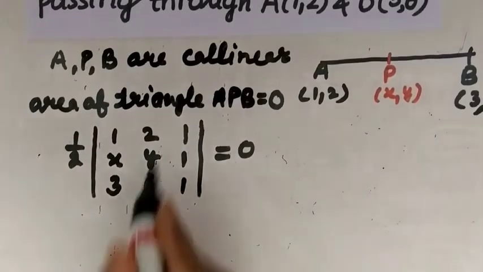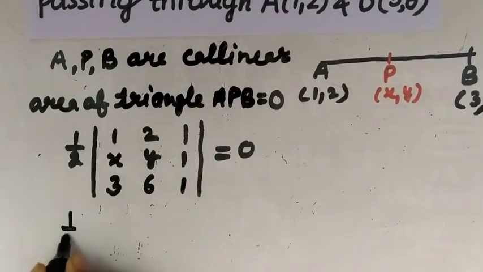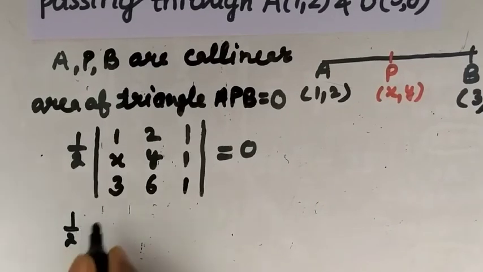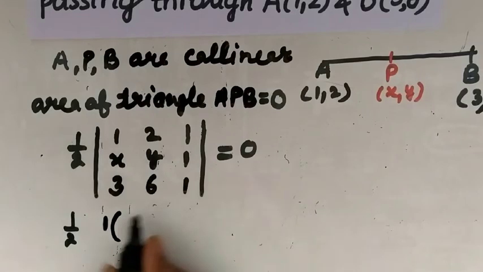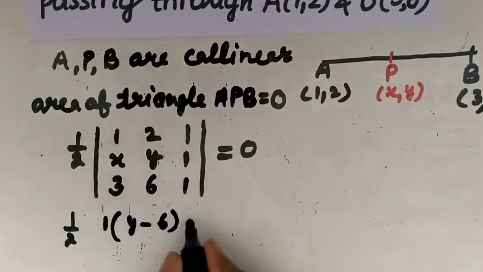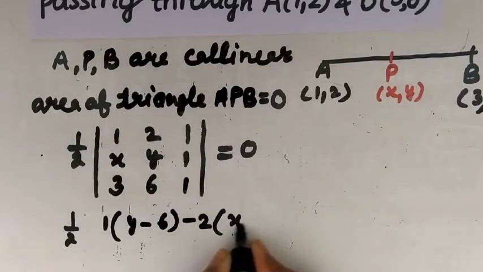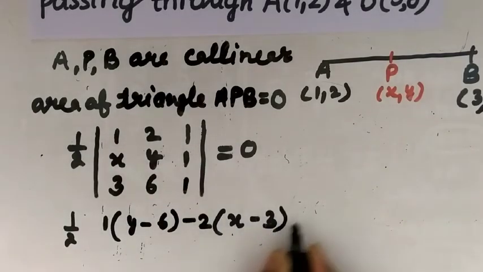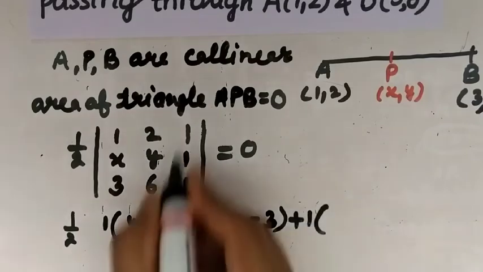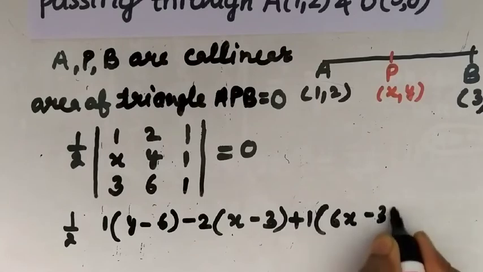So students, now we will solve this expression. So let us solve it. Half, 1 times (y minus 6), minus 2 times (x minus 3), plus 1 times (6x minus 3y).